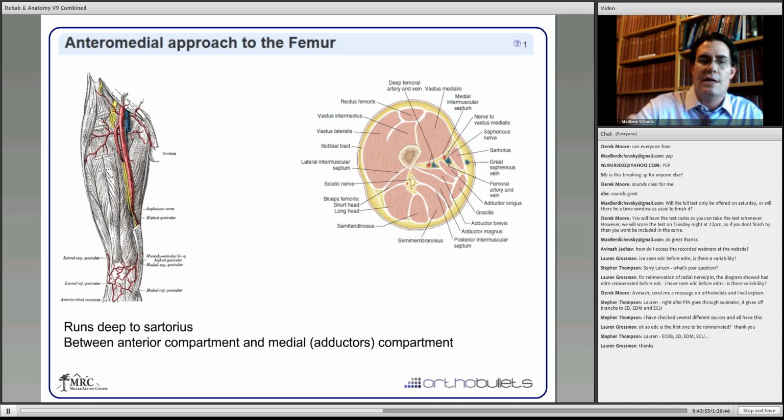Even though the vessels themselves course in a more posterior direction, they still stay in front. They don't pierce through the adductors until they get down to the canal. So that's why it's between the anterior compartment, your knee extensors, and the medial compartment, which is the adductors.